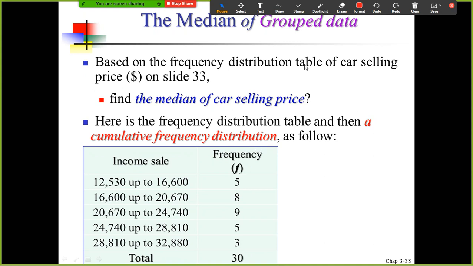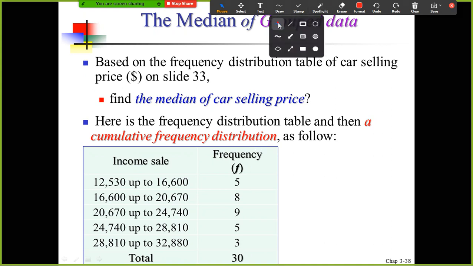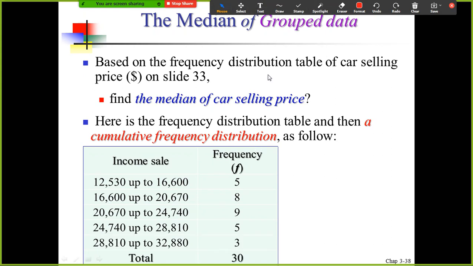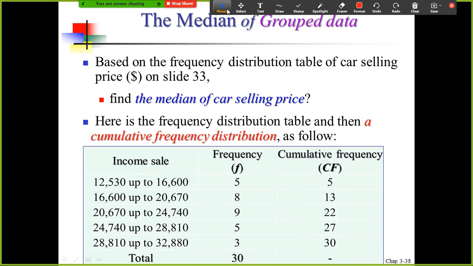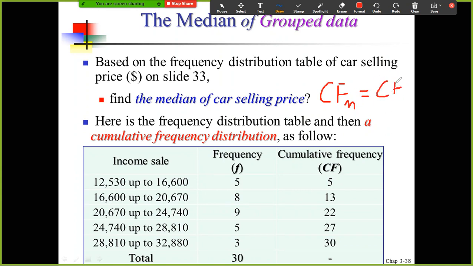How to find cumulative we already did in the previous one. Okay, I give it to you again. Cumulative frequency of class n equals cumulative frequency of class n minus 1 plus frequency of class n.